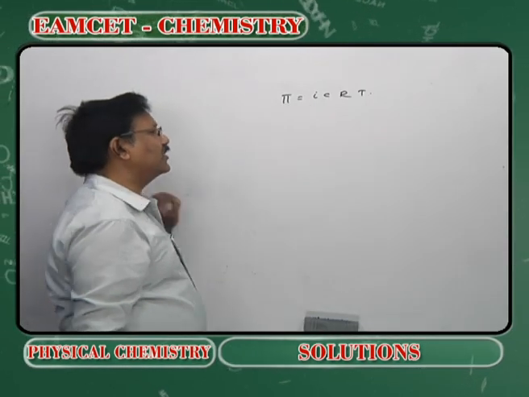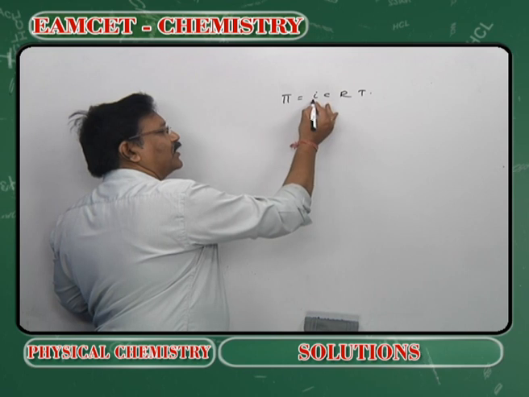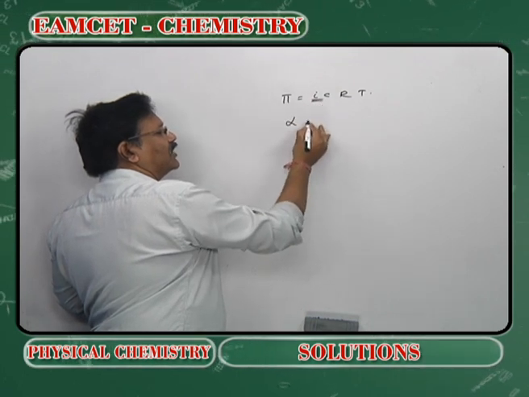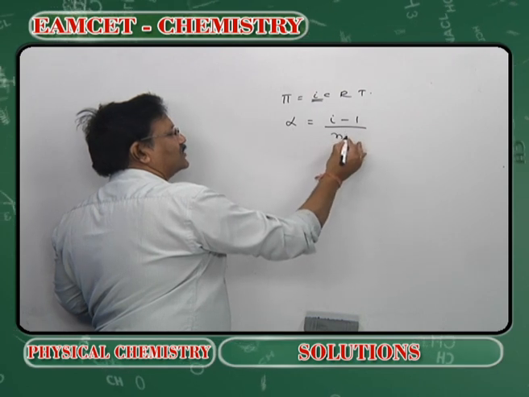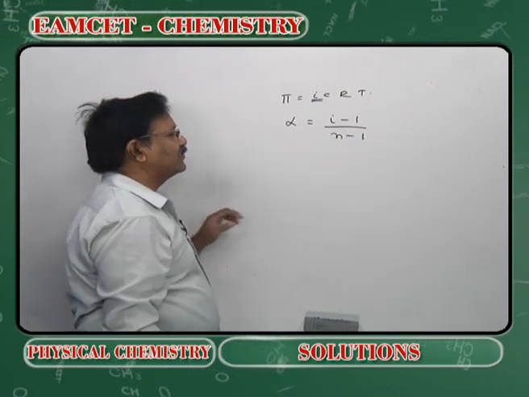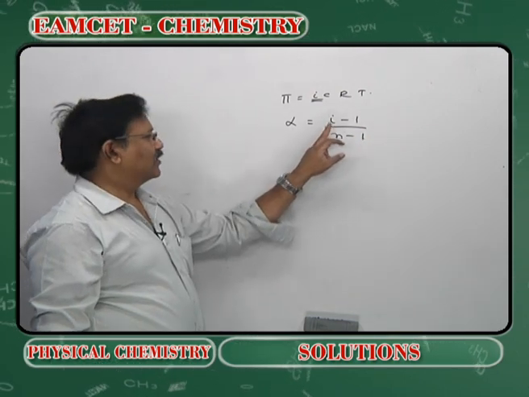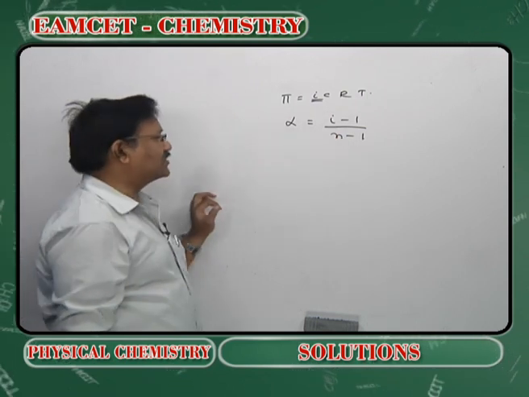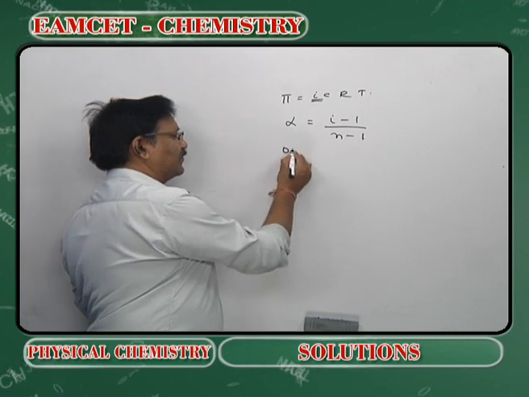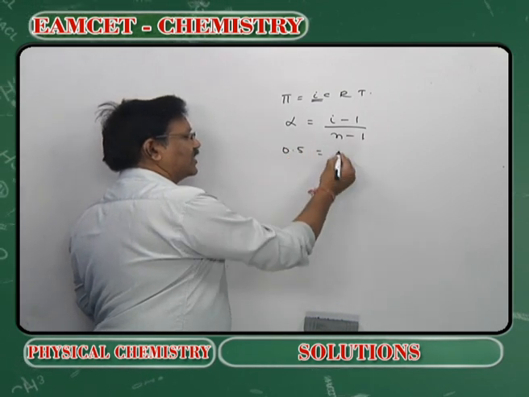But how to find the i value? The relation between i value and alpha value is given as alpha is equal to i minus 1 by n minus 1. What is the alpha value? 0.5. What is i? We don't know.